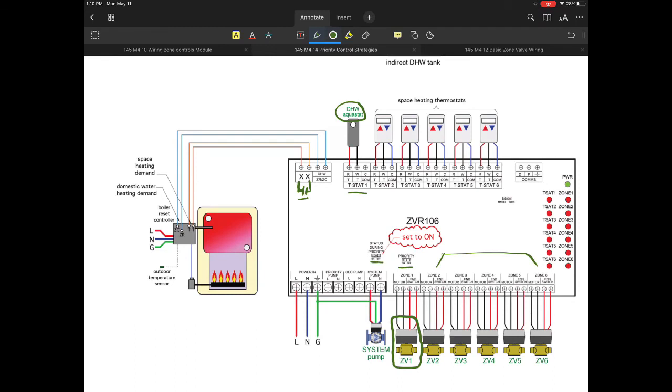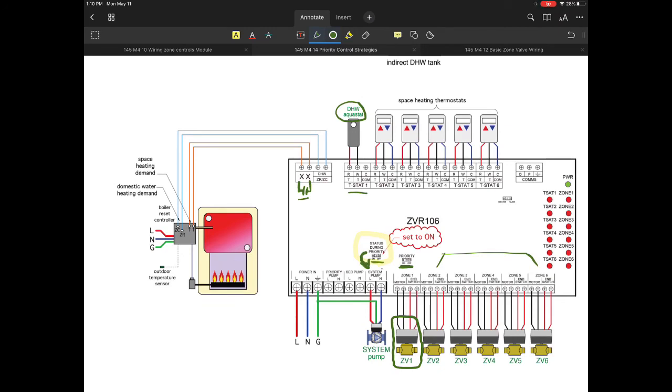And if we want priority for that domestic water, which likely most people would, we're going to set the priority switches to on. And when we do that, that's going to allow us to have control over the system.